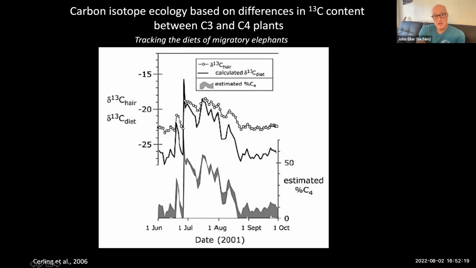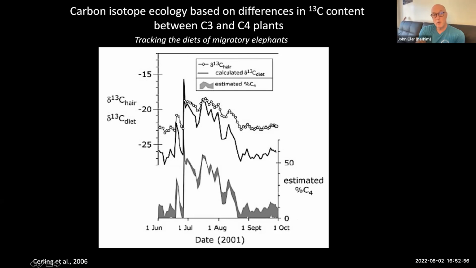So what's shown here in these dots is the carbon isotope content of the hair collected from an elephant, sort of like this graduate student's hair, except now we're looking at carbon instead of deuterium. And then a function that's related to studies of dietary assimilation in elephants shows what the inferred diet was like. That's this heavy line. And then the fraction of C4 plants, grasses, versus C3 plants, like leafy bushes and shrubs, is shown in the gray at the bottom.